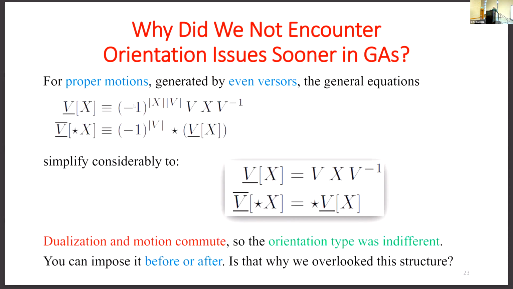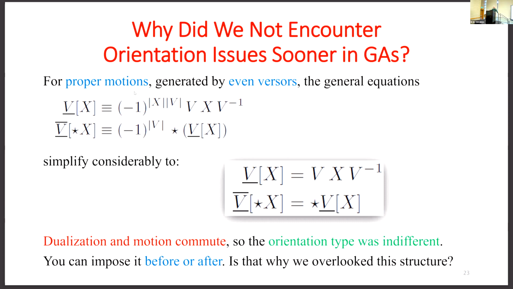Again, it's because we have too few elements. And on the last slide, I'll show how to resolve that. I did wonder why we didn't encounter this before. If you really look at what we usually do, we don't use reflections that often. We mostly use even versors and the motions that are encountered with that.